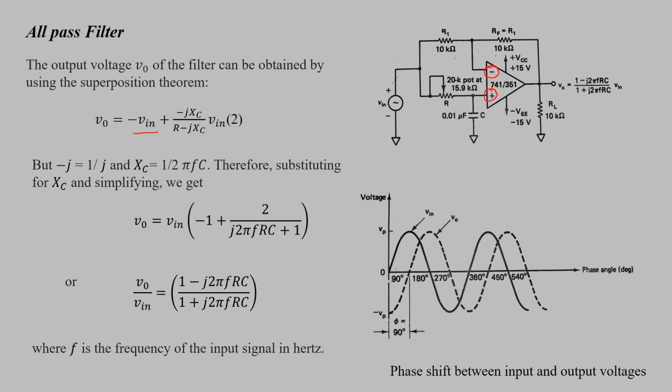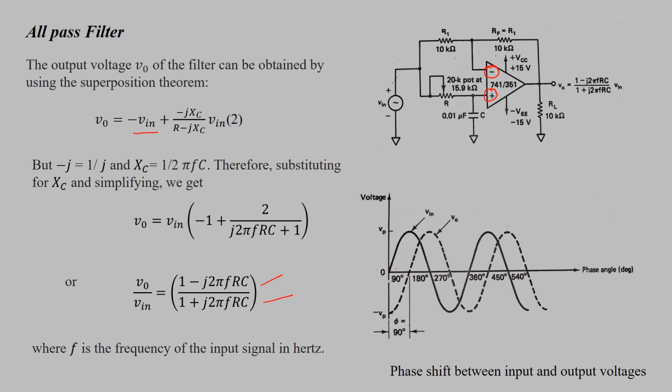When we substitute in this equation, V0 becomes Vin times (minus 1 plus j2πfRC) over (1 plus j2πfRC). From here V0 upon Vin becomes (1 minus j2πfRC) over (1 plus j2πfRC), where f is the frequency of the input signal in Hertz.